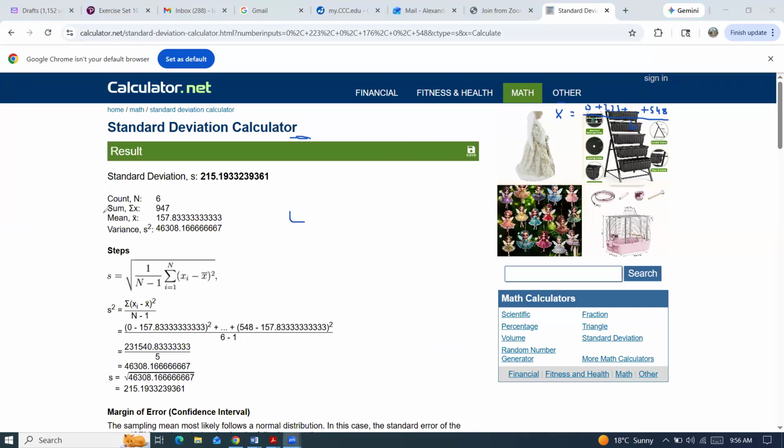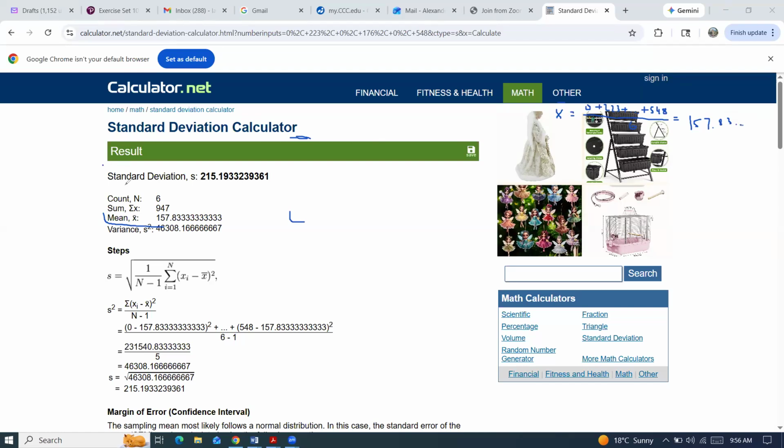for this group of data: that average, which is the mean, ends up being 157 and something, right? 157.83 and a bunch of threes.